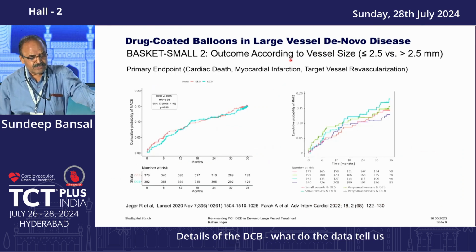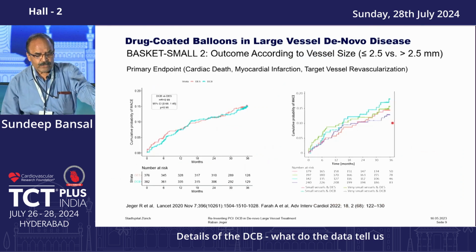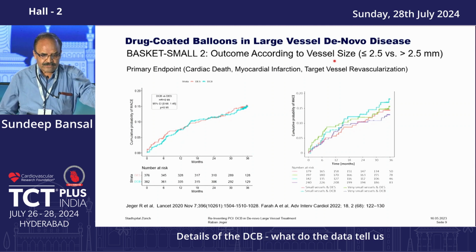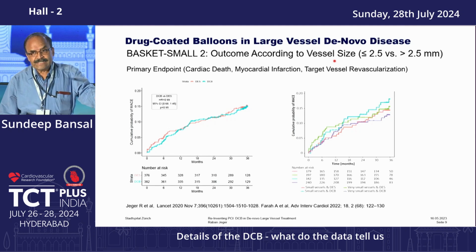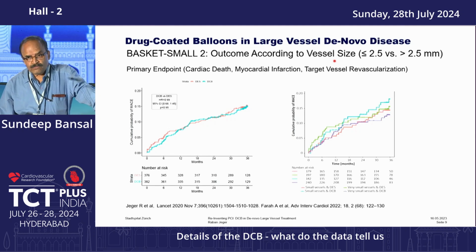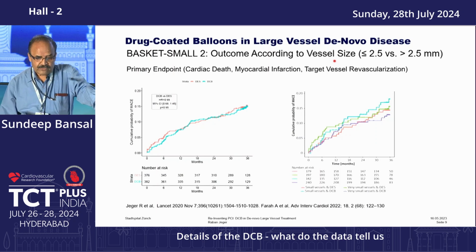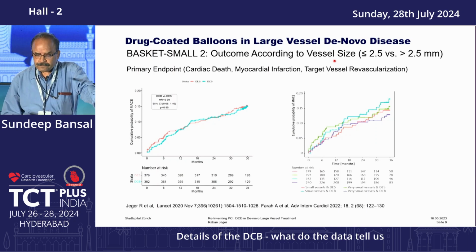There are other analyses that are available, including this BASKET-SMALL analysis, which tested the utility in vessels which were less than 2.5, that is small vessels versus large vessels. But again, no difference was found.